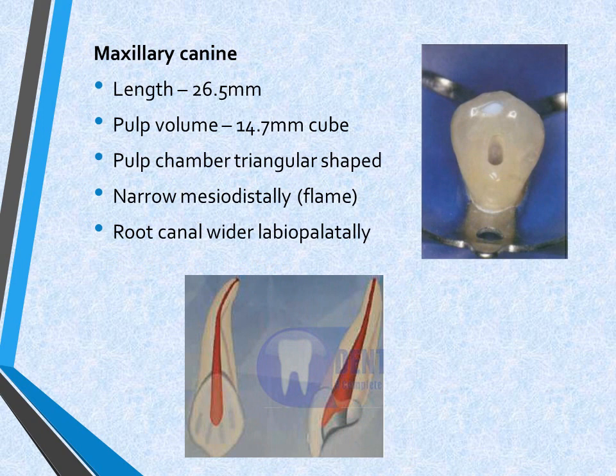You can see a flame shaped access opening, which, although rounded, is somewhat like a triangle, where the base is located toward the cervical third and the apex is located toward the tip of the cuspid. That is why it is narrower mesiodistally. The access opening is narrower mesiodistally, because of which the shape of the access opening is also changed.